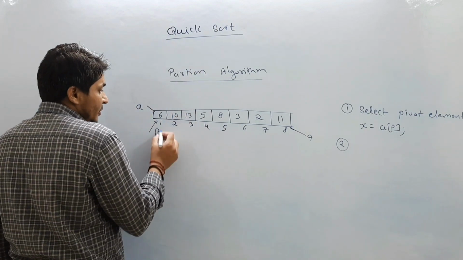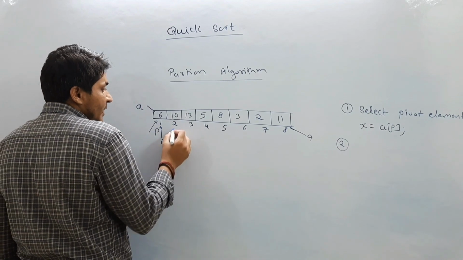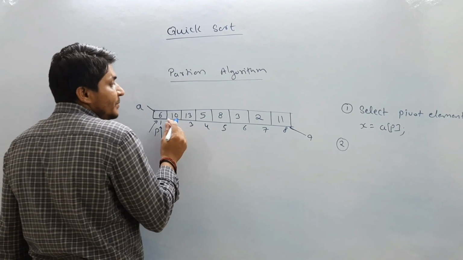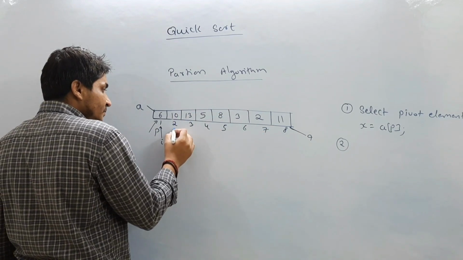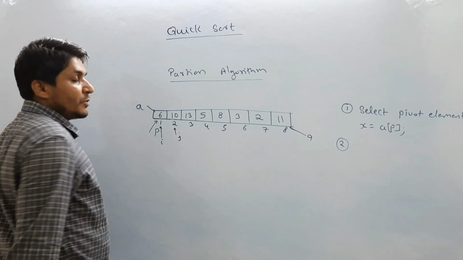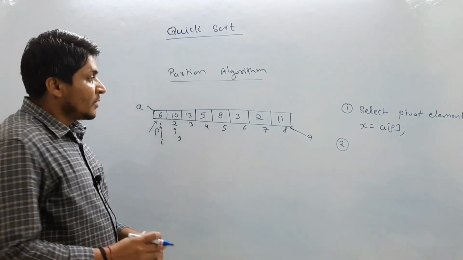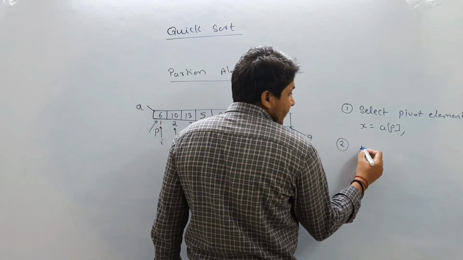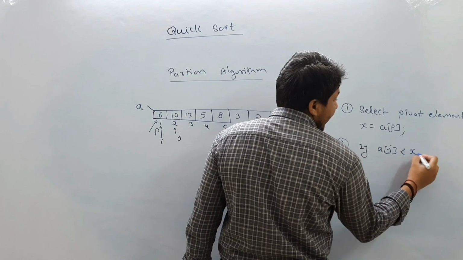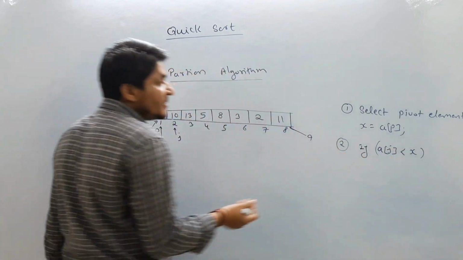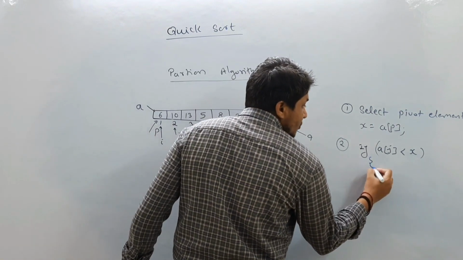Let's suppose the first index is pointed to by another variable, I, and j is pointing to the second location, because we want to compare from the second element onwards. So if A of j is less than x, meaning an element lesser than the pivot element, then what action needs to be performed?